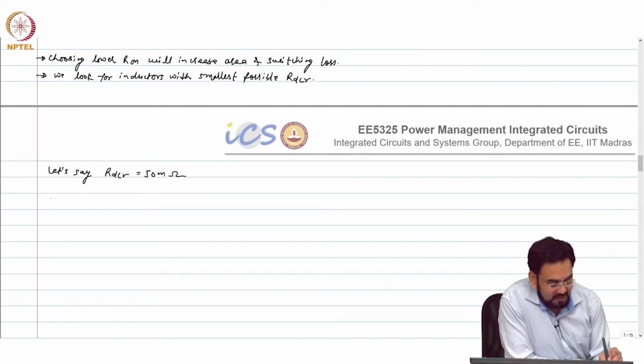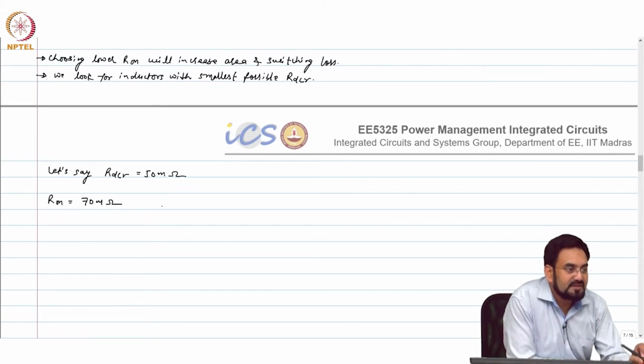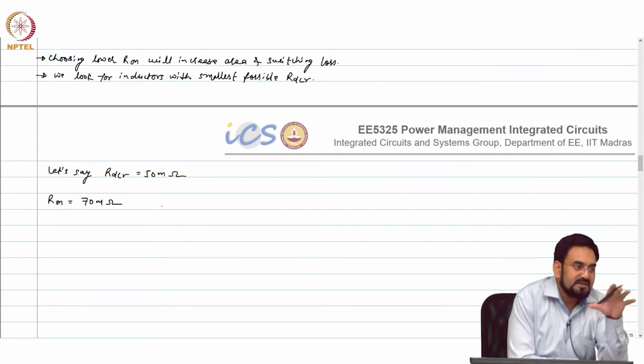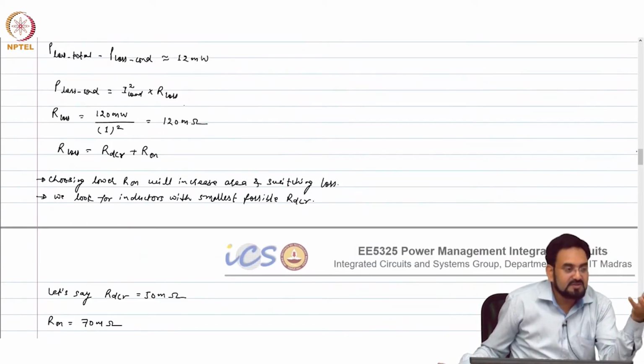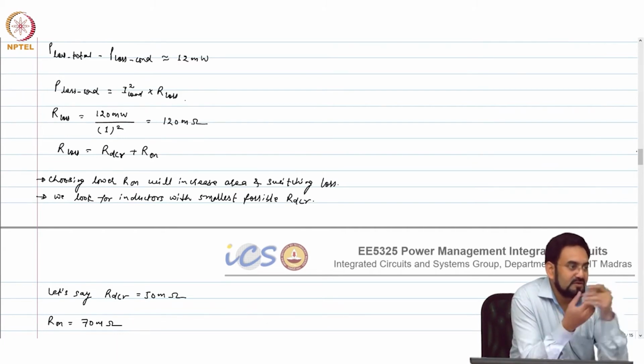Okay, so now R on is 70 milliohm. Okay, but so far we haven't calculated the losses. So for 70 milliohm, in order to know the switching loss, gate drive switching loss, first you have to size your power FET. Unless you size it, you can never find CV square F, because C should be known.